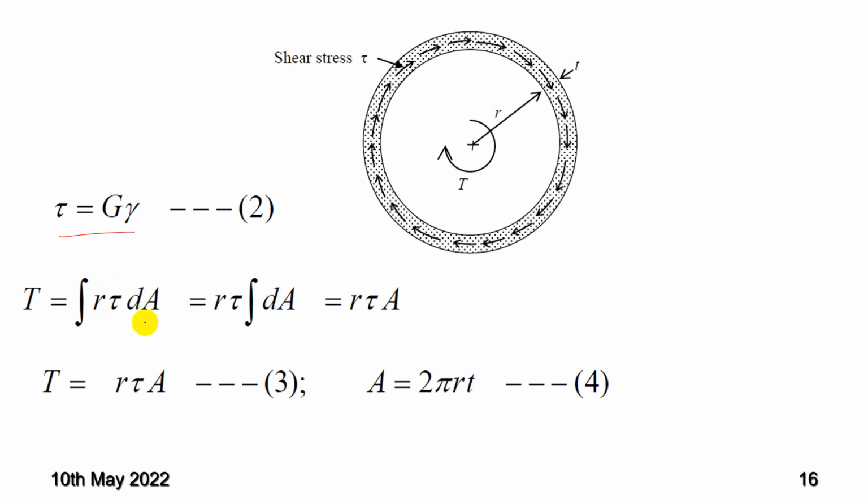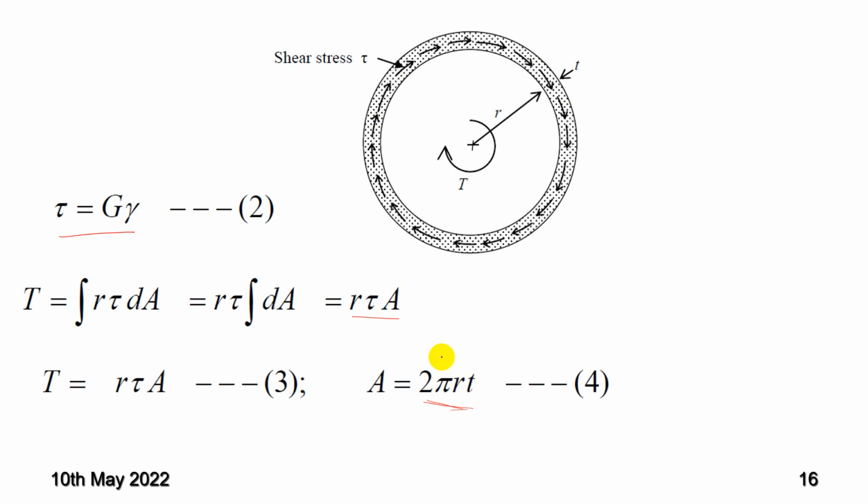Tau into dA is the force on a small section, and if you integrate over the radius, you will get the torque T. The integration over the radius derives a relationship: torque is equal to r tau into A, where A is the area of the thin wall, that is 2 pi R T. So, 2 pi R T is the area of the thin wall.